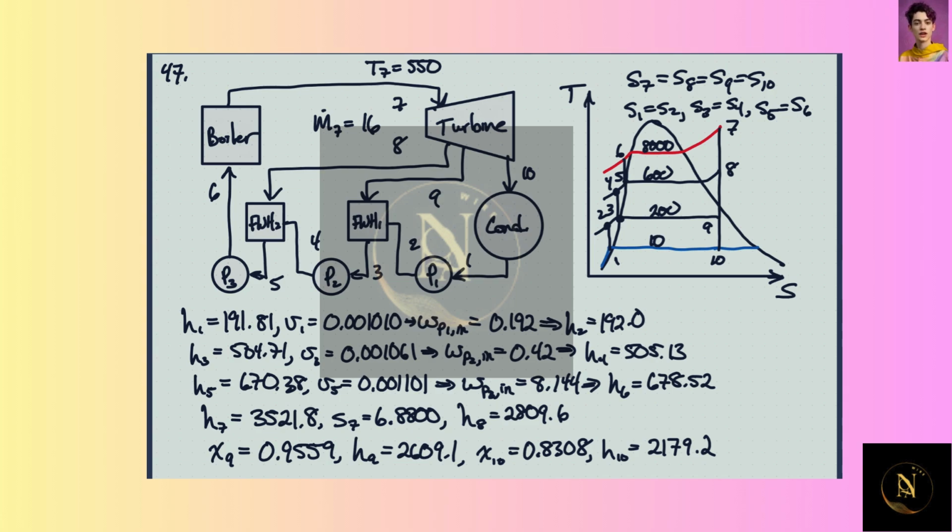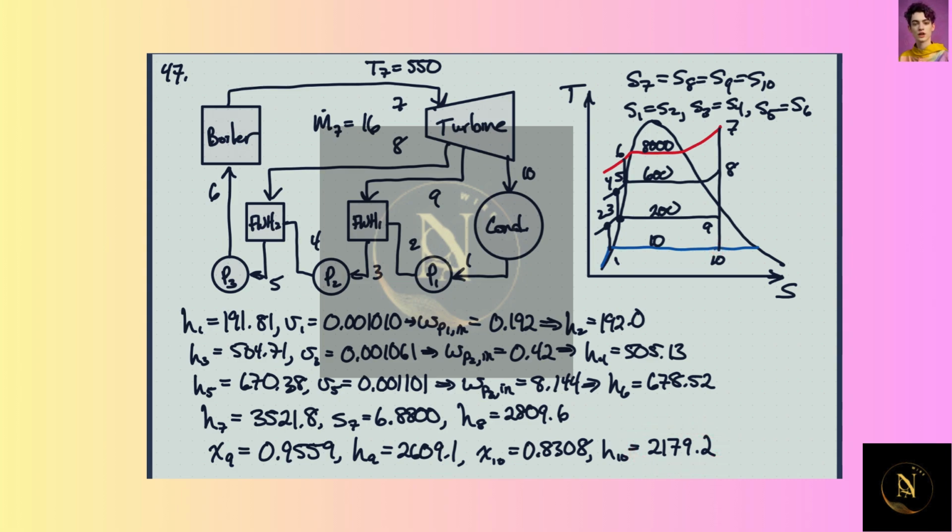And so then we can get the enthalpy at 9. And then again the entropy at 10, and we know the pressure, so we get the quality is about 83%. And then the enthalpy there we can get.